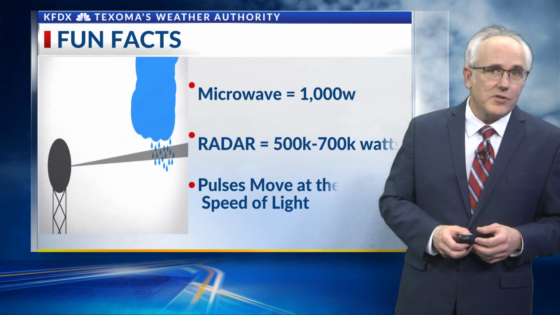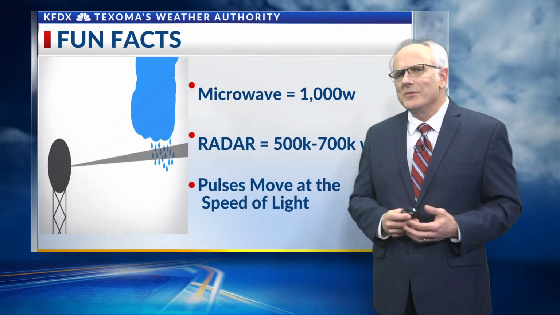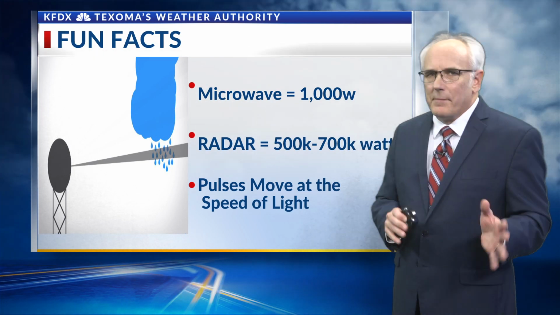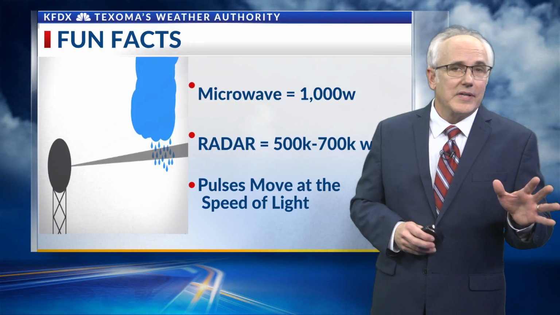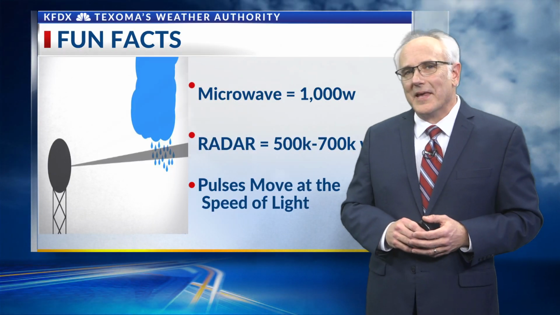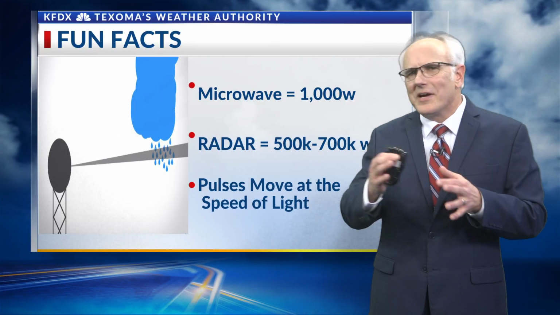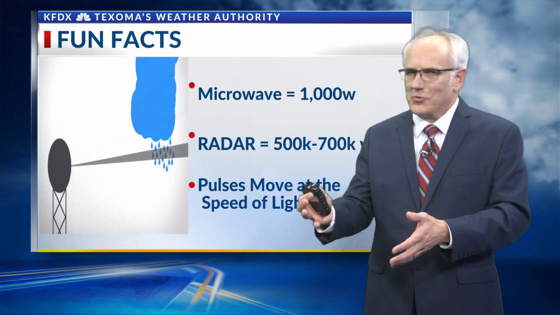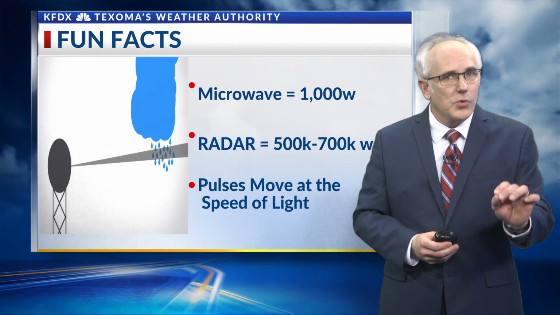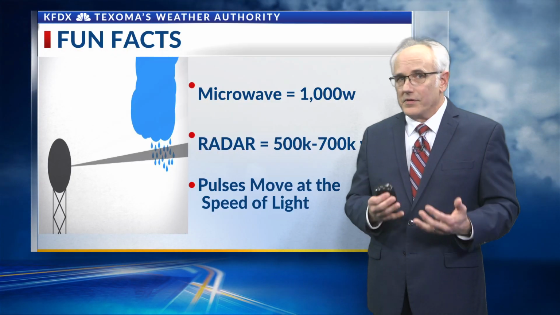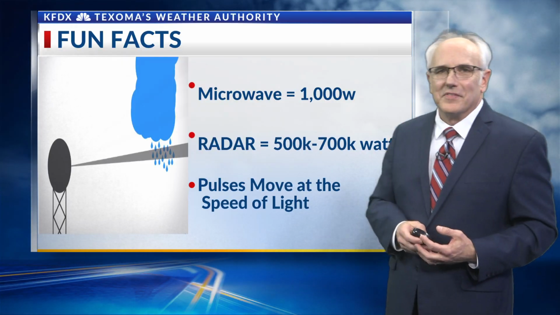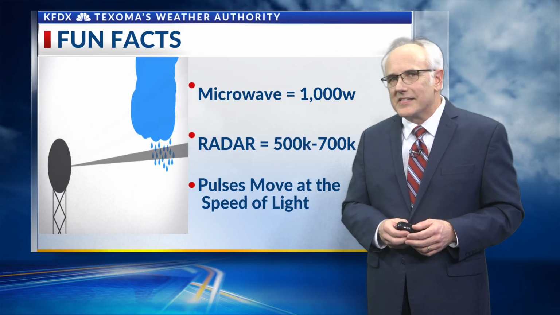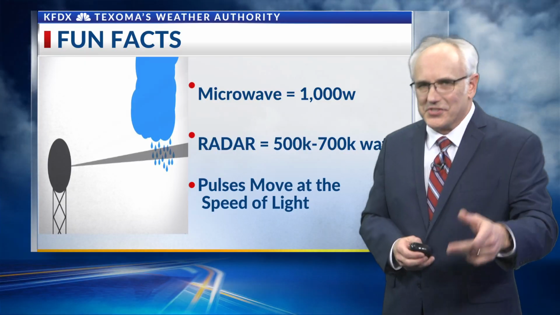All right. In the same way that the science of our skies is fascinating, there are some incredible fun facts about radar. For example, your typical household microwave generates about 1,000 watts of power, while a weather radar transmits around 500 to 700,000 watts in very short bursts. These bursts, or pulses, move through the atmosphere at the speed of light, which is 187,000 miles per second.